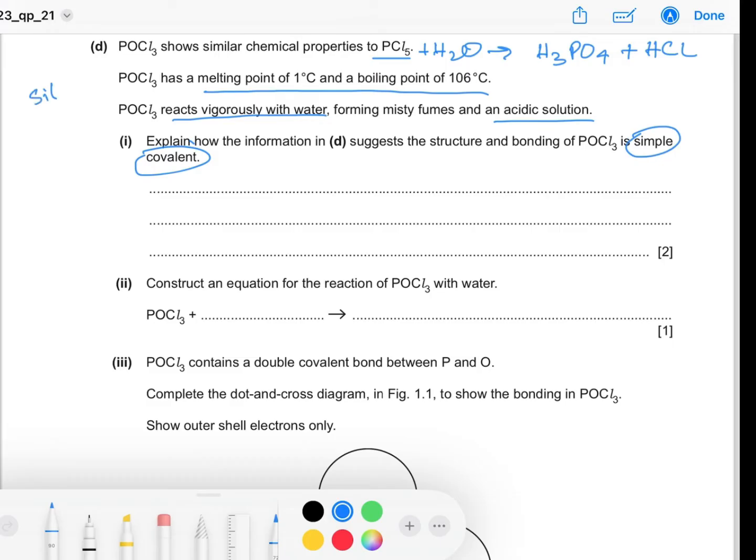So in silicon oxide and diamond, the bonds are covalent bonds which are very strong, as opposed to the van der Waals forces found in a simple covalent structure.